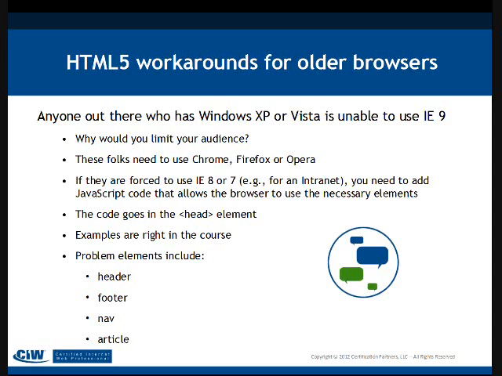There's some JavaScript that you can add to the head element that will create the new element so that the browsers will be able to identify it. However, you have to add that to every page, and it can be cumbersome. So what we would recommend is, if you have Windows XP or Vista, please use Chrome, Firefox, or Opera, and of course IE9, because then you will be able to render the HTML5 code properly.